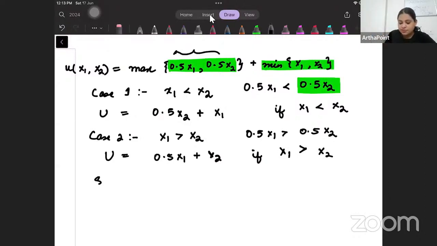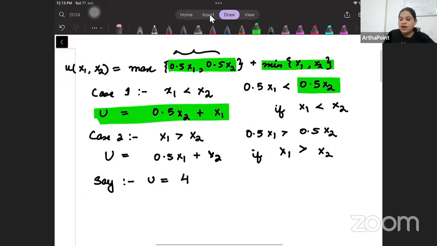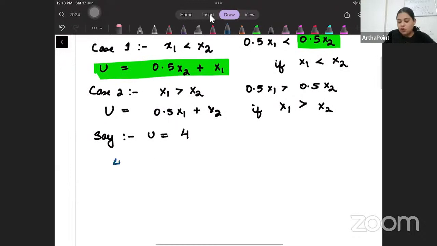So let's say utility level is kept at 4. If I keep utility at 4, what will I get from the first utility function? I will get 4 is equal to 0.5 x2 plus x1.